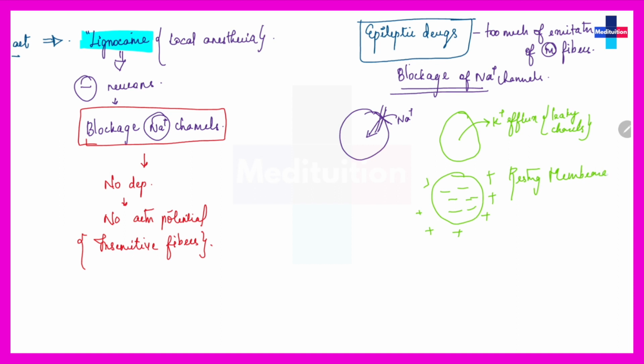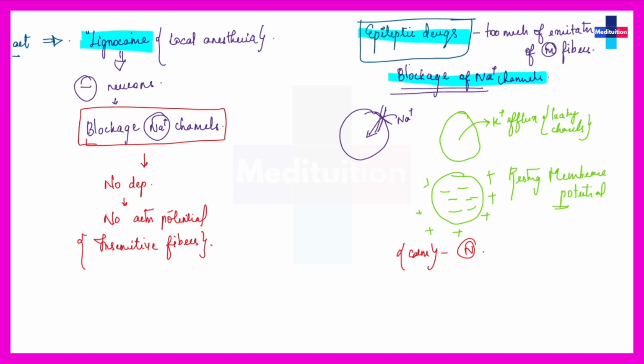The target we have to achieve is, the person who has epilepsy is being excited more. So that's why our epileptic drugs block the sodium channel, so that potassium efflux is started, and then the patient comes under resting membrane potential, which makes the patient calm and normal. This is what happens with epileptic drugs.